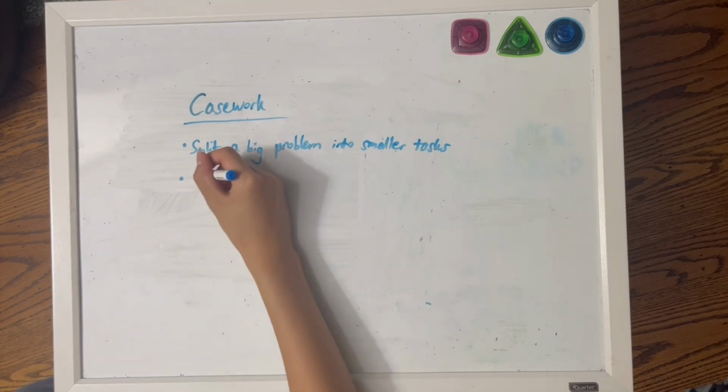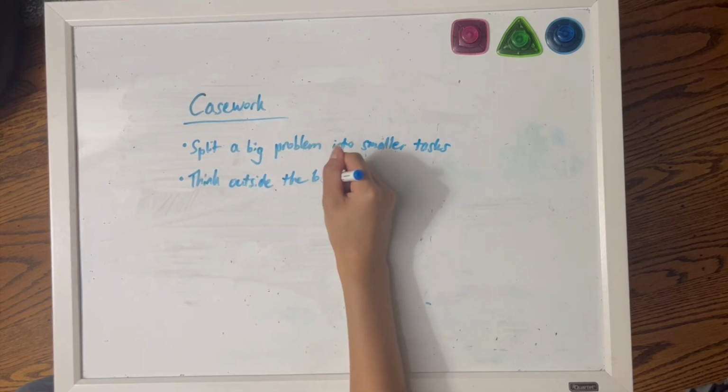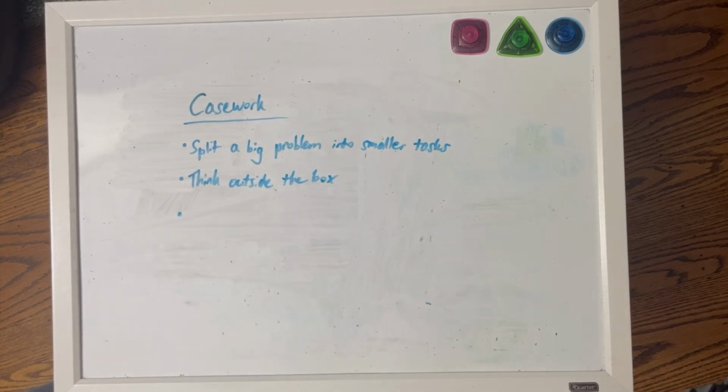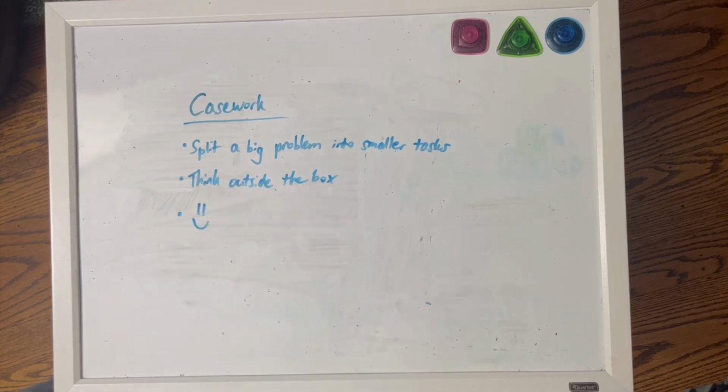And another thing about casework is that it does help you think outside the box. Sometimes if you realize that all of your cases are very similar, there might be something else that you forgot, just as in our grid problem, all of our squares were very boxy, typical looking squares, and we forgot about all the slanted and tilted squares that we still needed to count as well. And so overall, casework, it just makes your life easier. It's great.